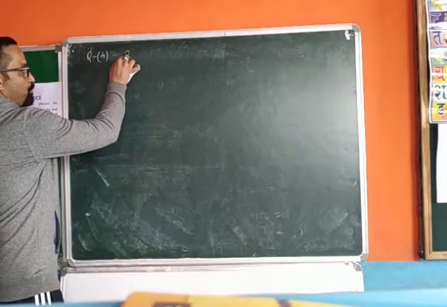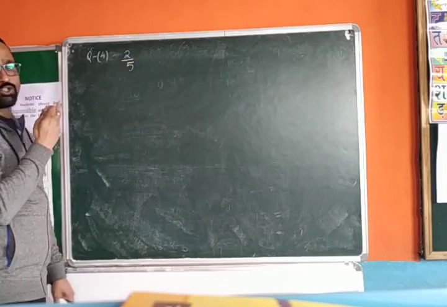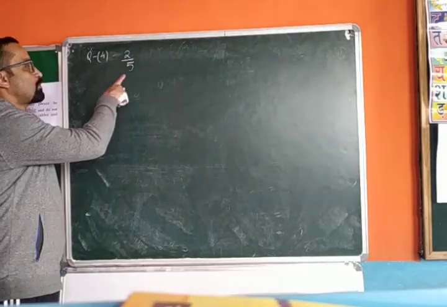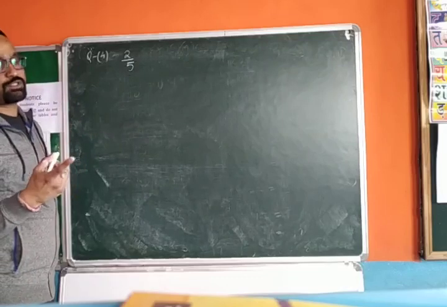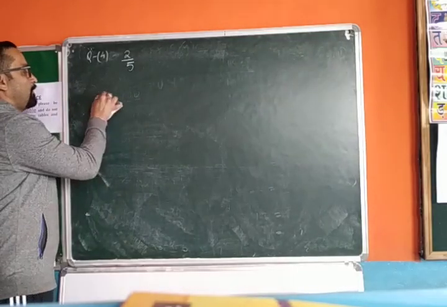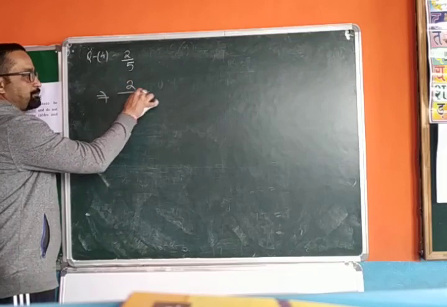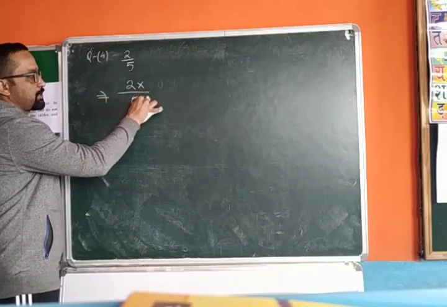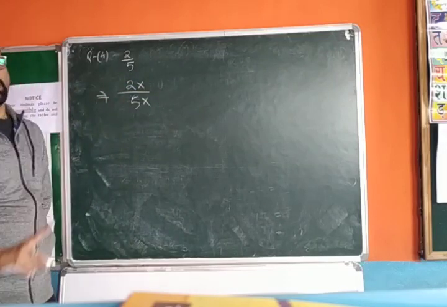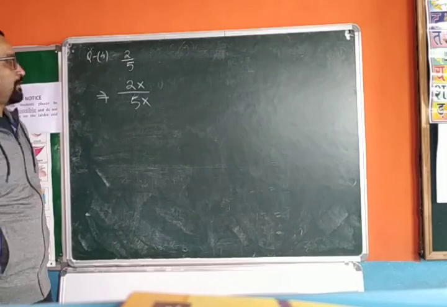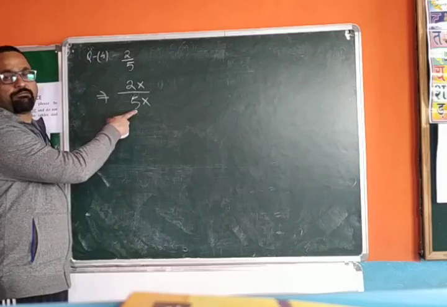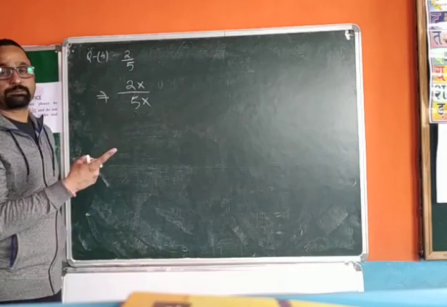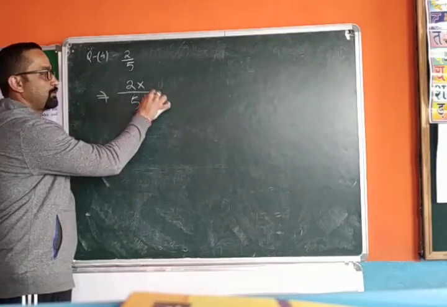Suppose you have 2 upon 5, and I had taught you this. If you look at the denominator, you don't have 10, 100, 1000, etc. So you copy this and put a multiplication sign at both numerator and denominator. Look at this 5. With what number do you multiply 5 to make it 10? So you write 2.